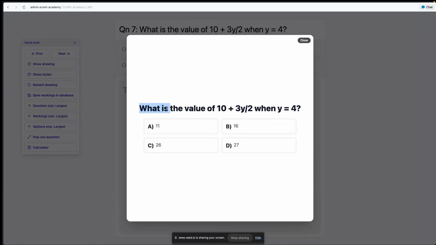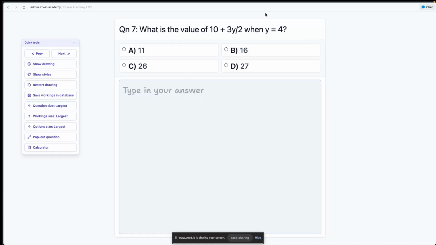All right. What is the value of 10 plus 3y divided by 2 when y is equal to 4, for question number 7? Okay, so in this case over here, we know that y is equal to 4.